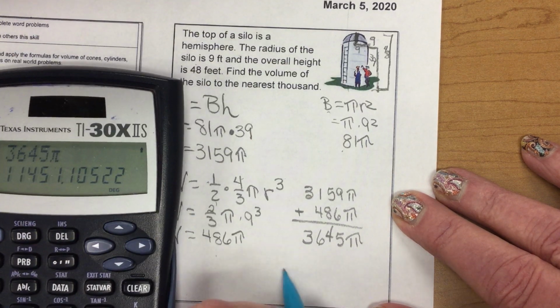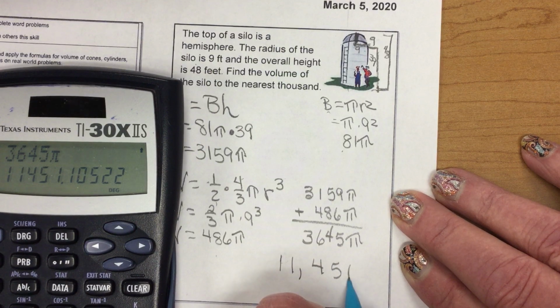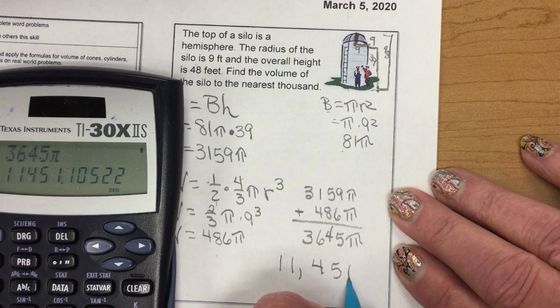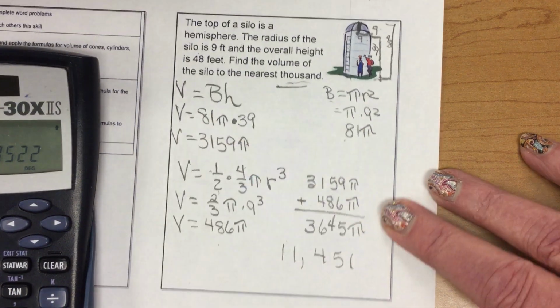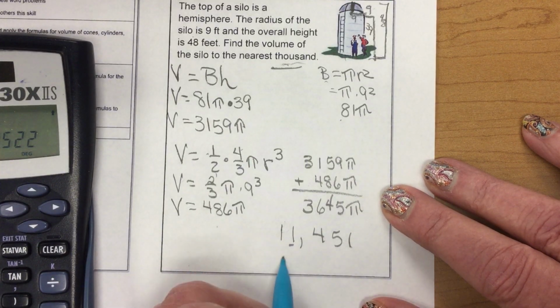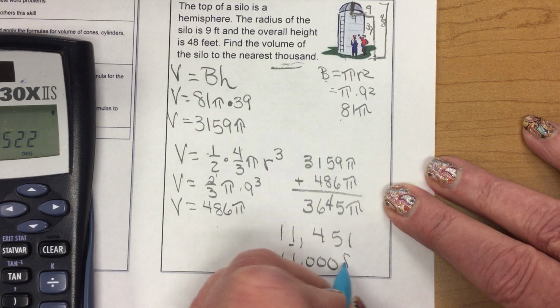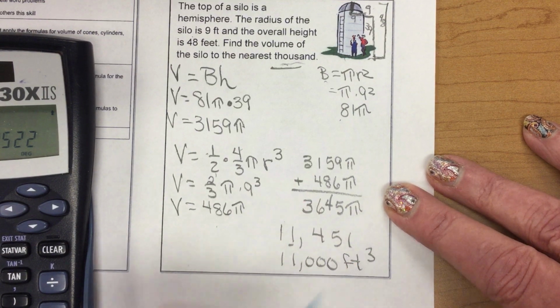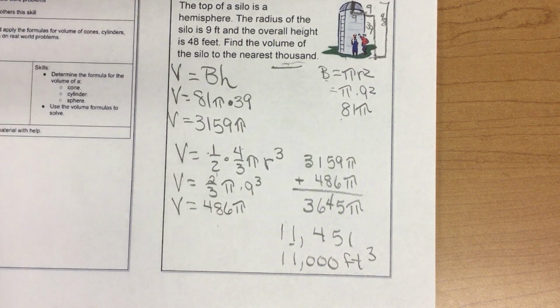Oh my goodness. 11,451, but rounded to the nearest thousand would be 11,000 cubic feet. Now, if I'm a farmer and I'm putting corn in my silo, that might be something I need to know.